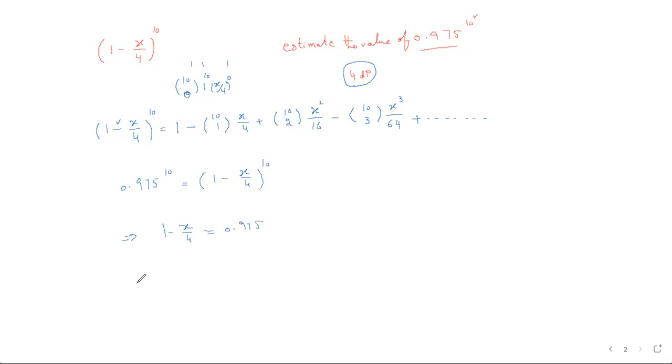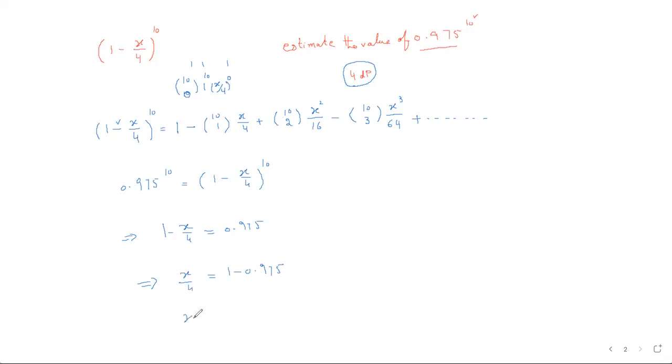So from here we can find the value of x. x over 4 will be equal to 1 minus 0.975, yes.